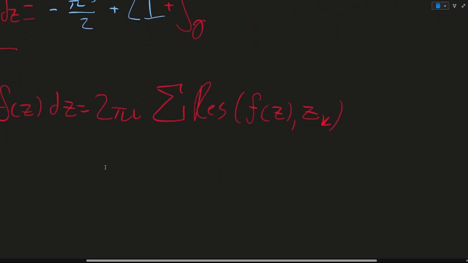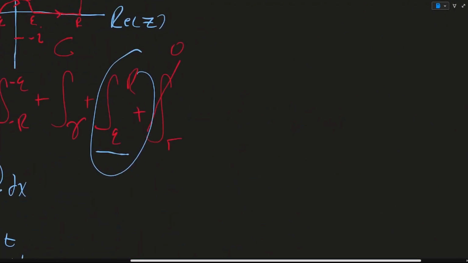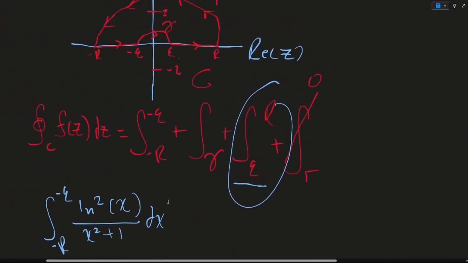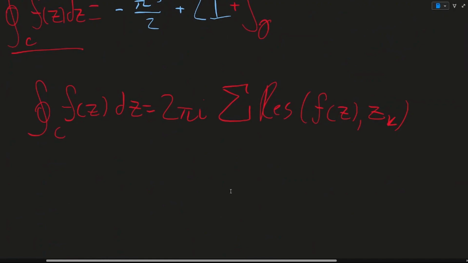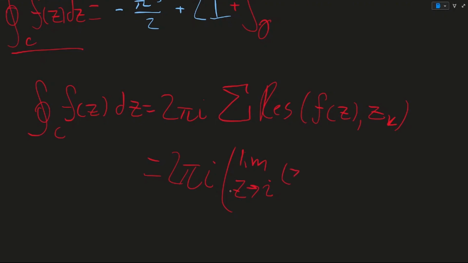And to compute the residue, we only have to compute one residue, as you can see, because only one pole is contained within our contour. So 2 pi I is the factor that we're multiplying the residue by. Our residue is the same as saying the limit as z approaches I, our pole, of z minus I times the function f of z.